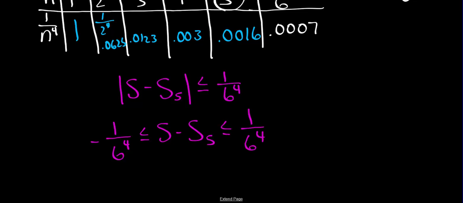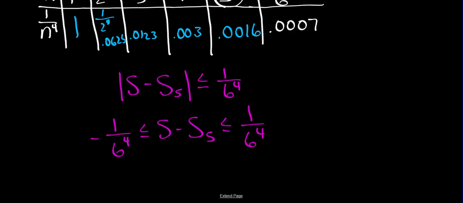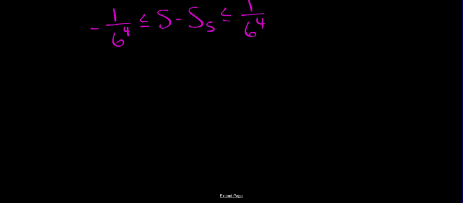And then, of course, I can go a little further. I can say that S sub 5, the fifth partial sum, minus 1 over 6 to the fourth is less than or equal to the sum, which is less than or equal to S sub 5, the fifth partial sum.